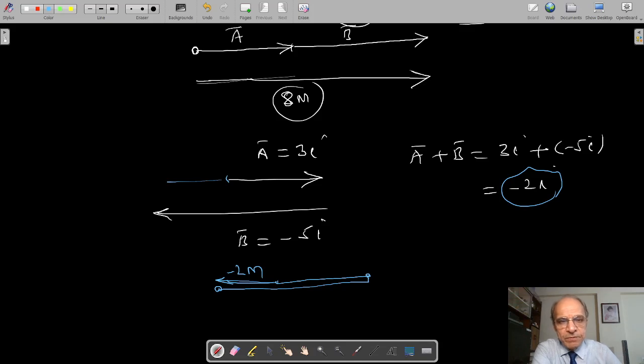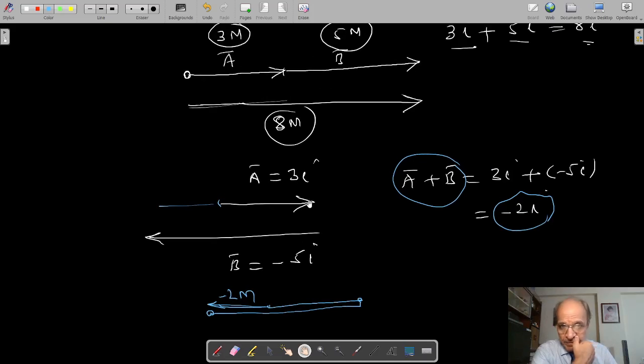Okay. So we have added these two vectors. In both these examples the vectors were parallel or anti-parallel. In this case the vectors were parallel in the same direction, here they were anti-parallel in the opposite direction.